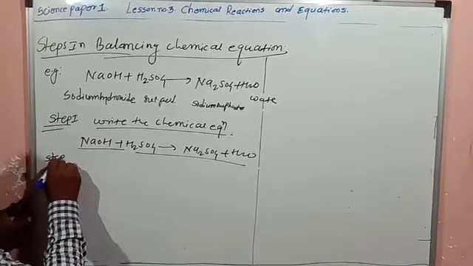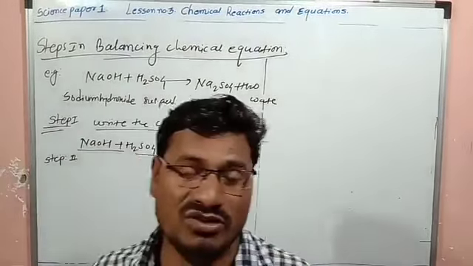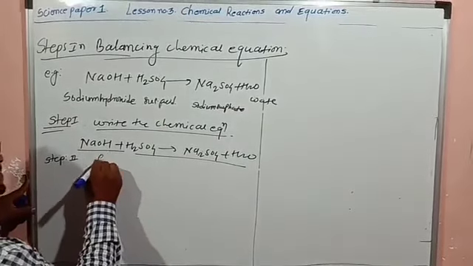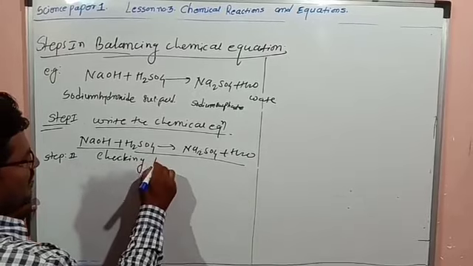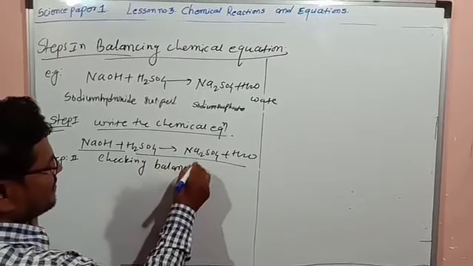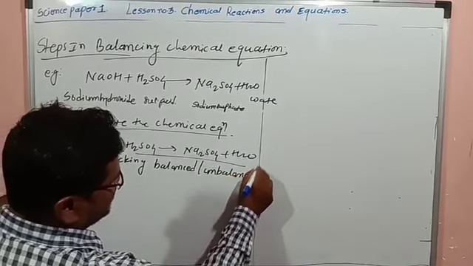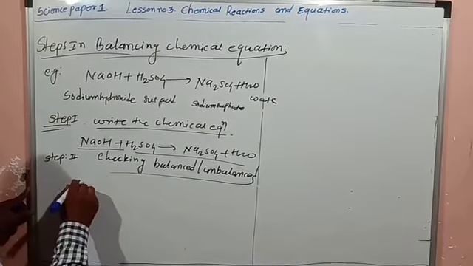In the second step, you have to decide whether this chemical equation is balanced or unbalanced. So, checking balanced or unbalanced. For that you have to make one table.